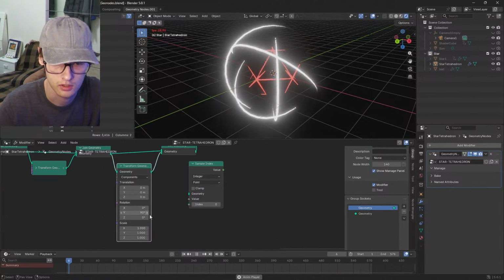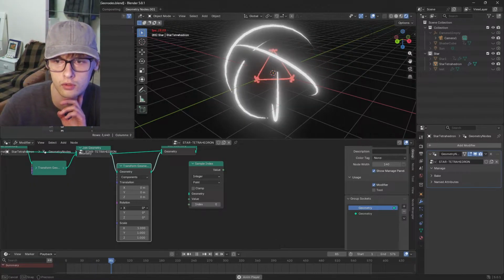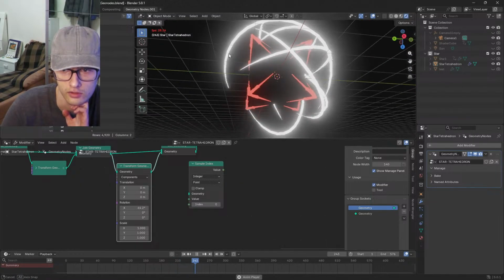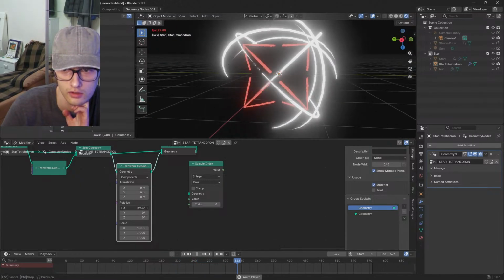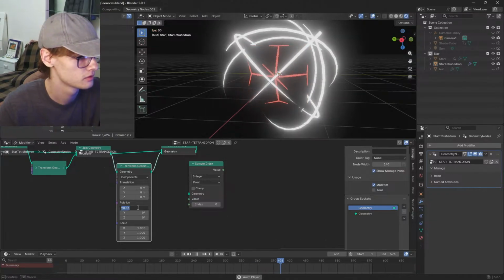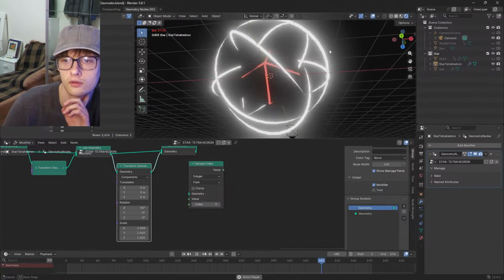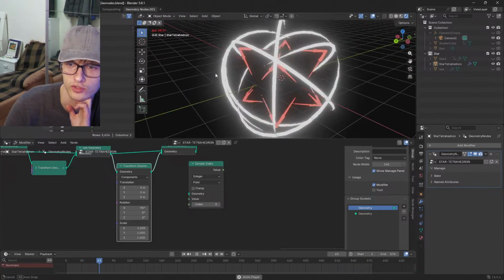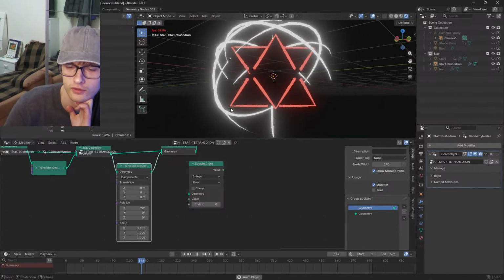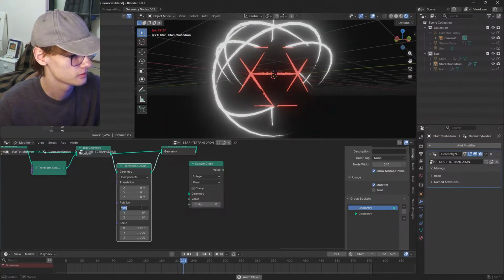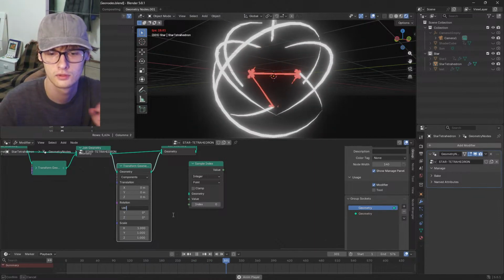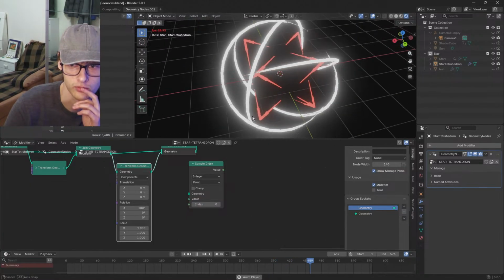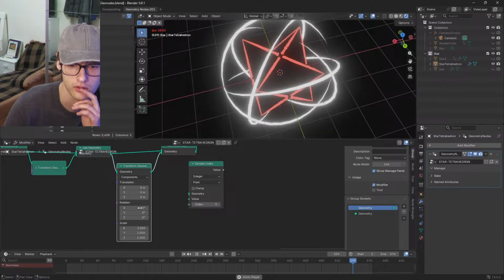We're going to rotate it this time. Oh boy. This is getting pretty crazy. I have created an atom of some sort. That looks complete to me, almost.